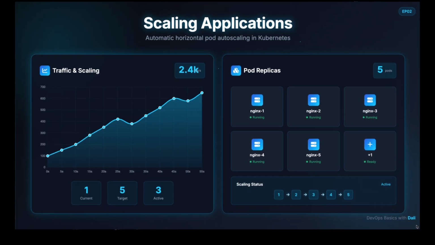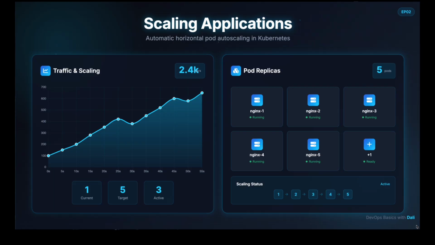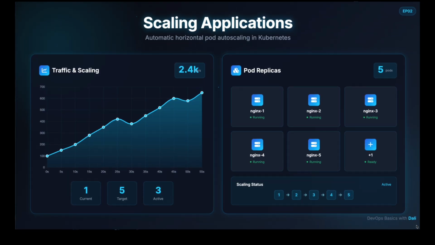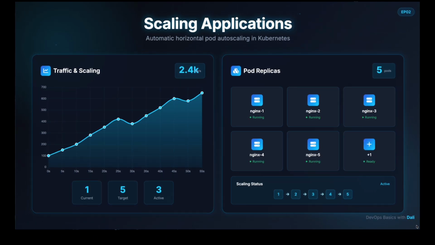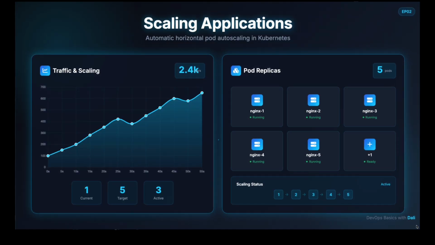This process is called horizontal scaling. Instead of running only one pod, Kubernetes can dynamically scale the application to multiple replicas automatically. And when traffic decreases, Kubernetes can reduce resources again to optimize infrastructure usage. This helps applications remain available, performant, and scalable under heavy traffic.